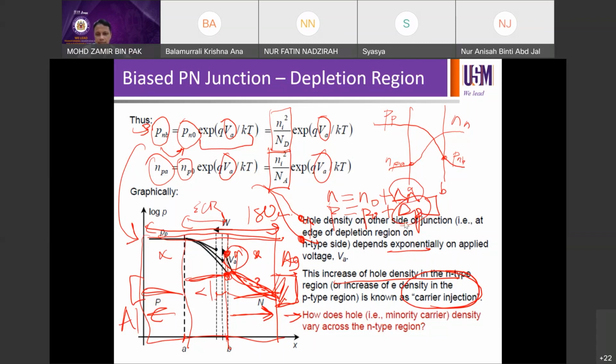Mariam, what do you think? Why does the minority carrier concentration increase when you apply forward biasing in comparison to thermal equilibrium condition?